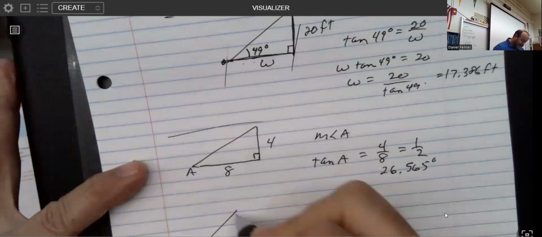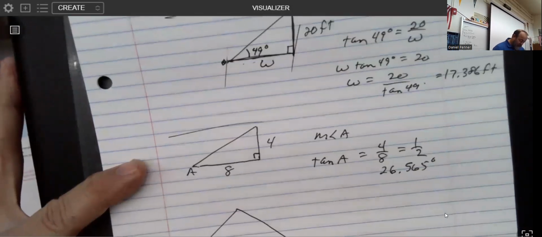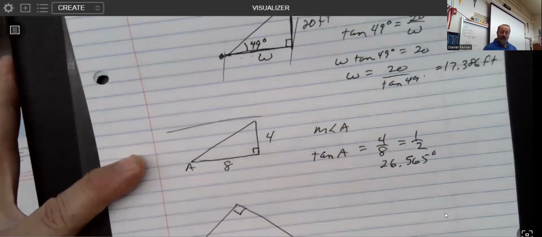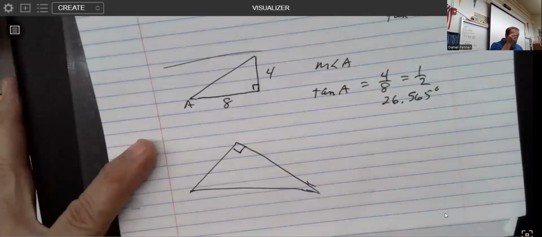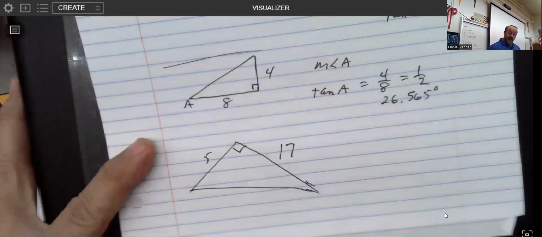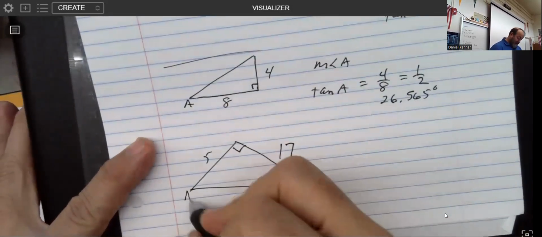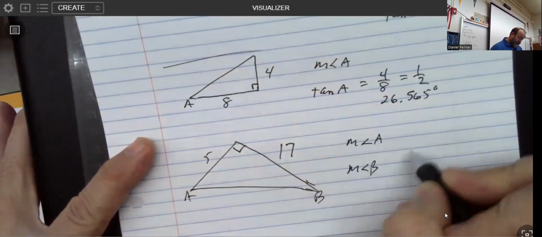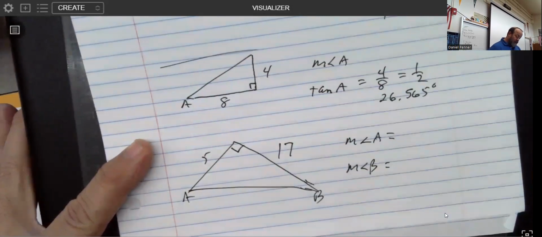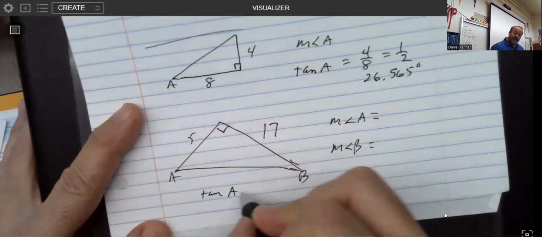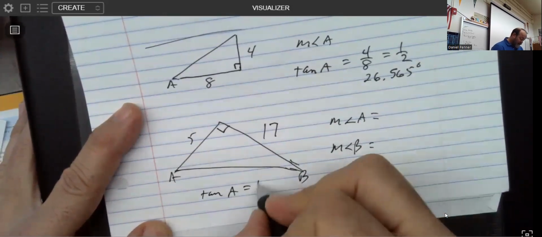Last one. I like to sometimes turn things over because people sometimes lose track of where the hypotenuse is. So on this problem, imagine I told you this was 17 and this side was 5, and I wanted to find A and B. Let's find the measure of angle A and the measure of angle B. Well, what we could do is say that the tangent of A is 17/5.